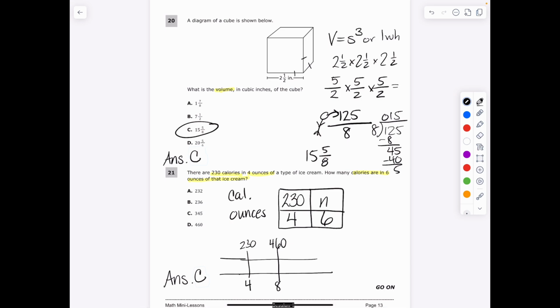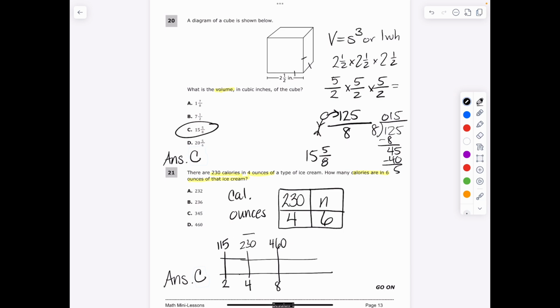Like maybe you might want to say, what if I put it in half? And if you do that, you might say, okay, well, half of 230 is 115. And I've seen some kids go, well, what if I just added these 2 parts together? If 4 ounces had 230 and 2 ounces had 115, why don't I just add both of these up and I will get 345. So that's one way of thinking that absolutely works.